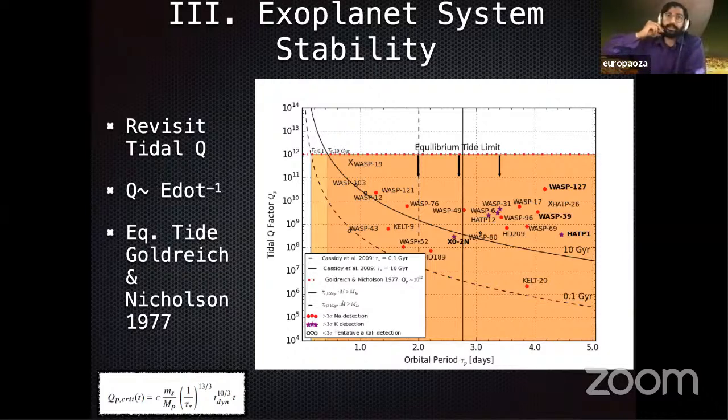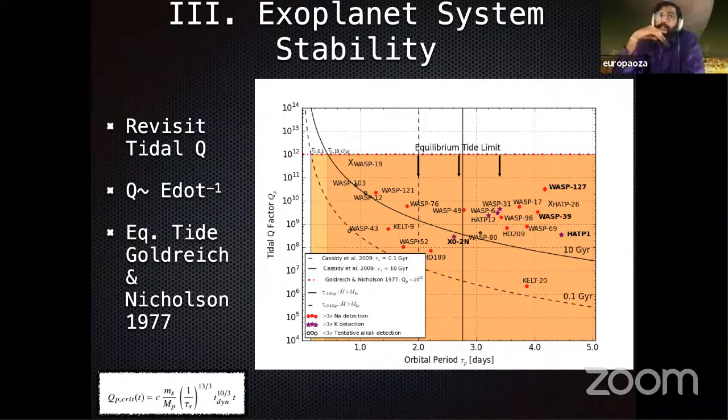Essentially, everything in this orange region is tidally stable. But if the tidal Q factor was much less, 10 to the 6th, and it intersects one of these lines, then the limit would be much, much closer.